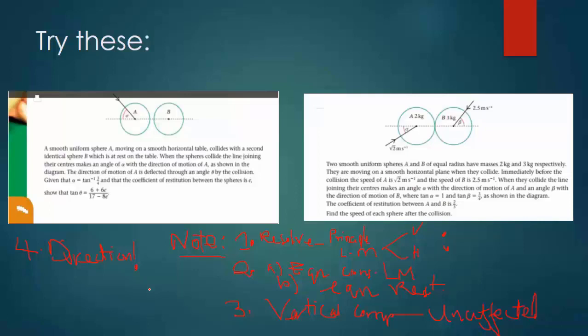Be it kwenye formula, be it kwenye application, popote pale utakapokitumia kinakuwa positive. Kama the opposite direction ni negative, popote utakapotumia momentum, velocity, zinazo act in that opposite direction lazima ziwe negative. Sawa? Hivi ni vitu vinne ambavyo inabidi unote kama unataka kupata maswali yako kwa usahihi kabisa.